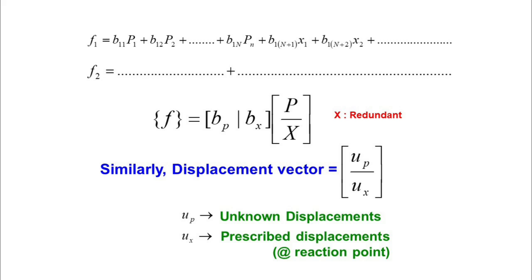The displacement vector also now consists of two parts, the unknown displacements UP and the prescribed displacements UX, which are known. They are either 0 or they have a fixed value.